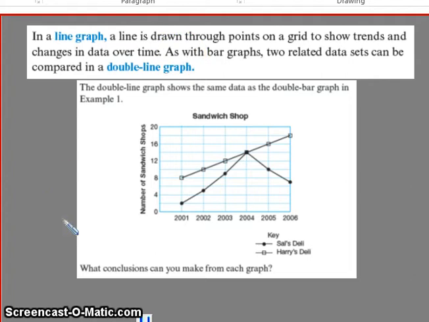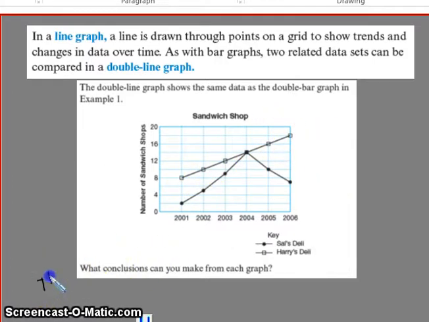This is an example that needs to be in your notebook. The double line graph shows the same data as the double bar graph in example 1. So they show us the number of sandwich shops that each of these chains had, so Sal's Deli and Harry's Deli. What conclusions can you make from each graph? Well, we can make a conclusion that the number of Harry's Delis increased every year. So how it changed over time.